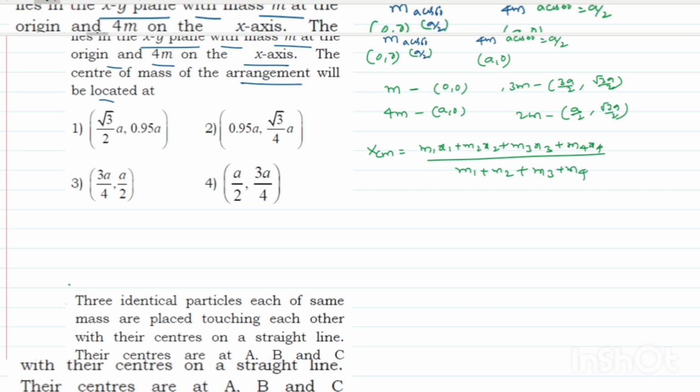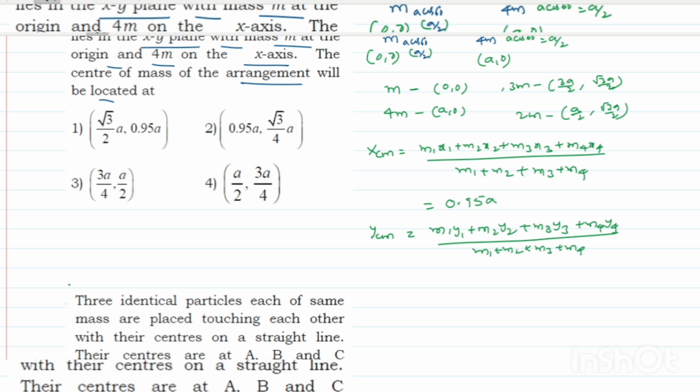We just put all the values here, and the value will be 0.95a. And ycm is m1 y1 plus m2 y2 plus m3 y3 plus m4 y4 by m1 plus m2 plus m3 plus m4, students.